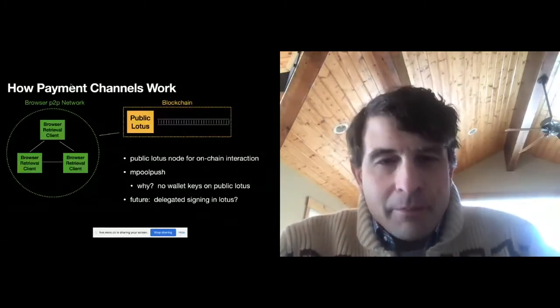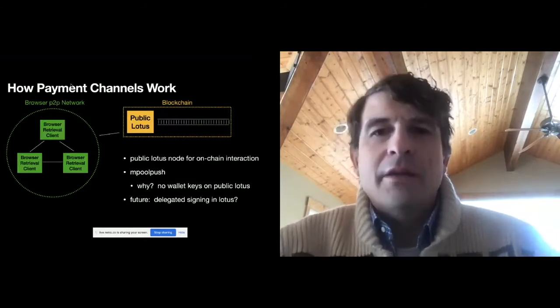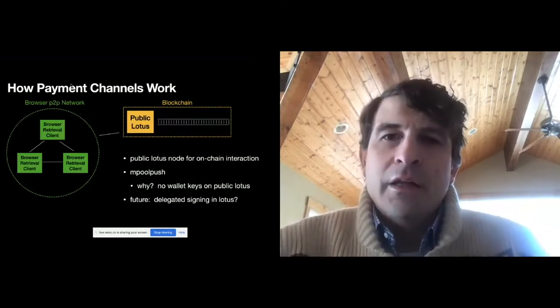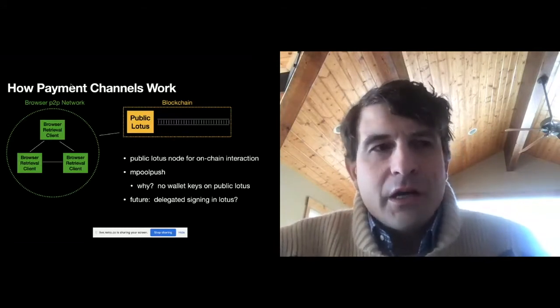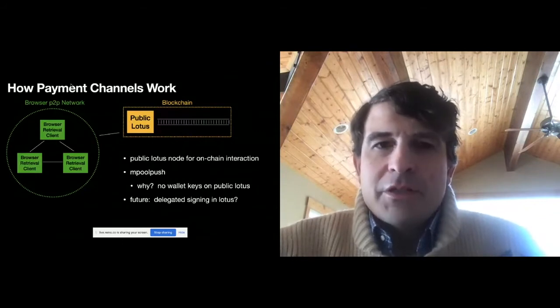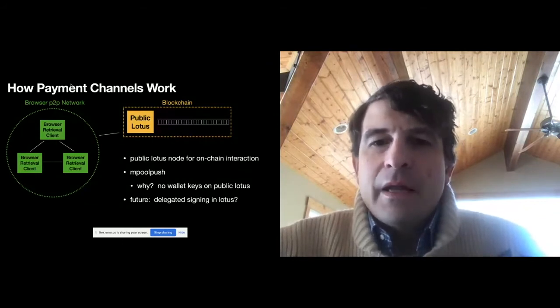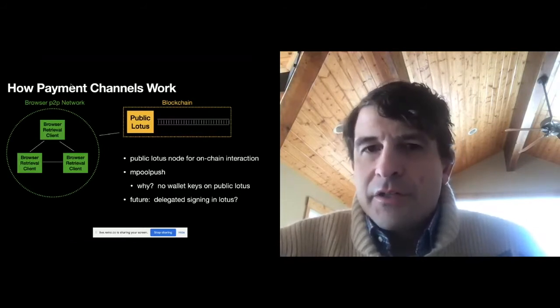And in order to use payment vouchers, you have to first create or recycle a payment channel, which is an on-chain event. So we have to publish messages onto the chain. As I mentioned earlier, we use a public Lotus for all on-chain interactions.